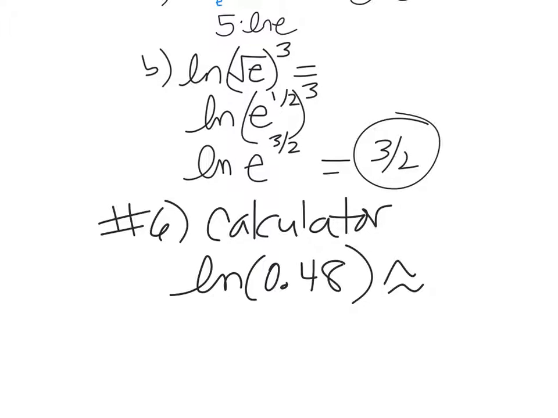All right, here we go. Natural log 0.48. There you go. It's negative 0.7340. So natural log is on your calculator. It's right there. Boom.